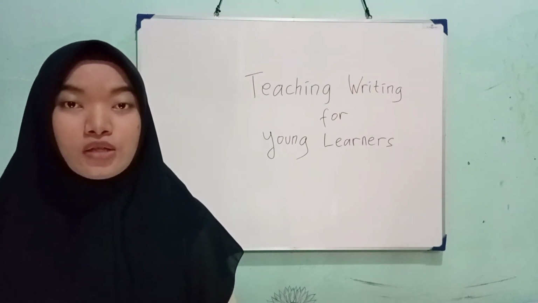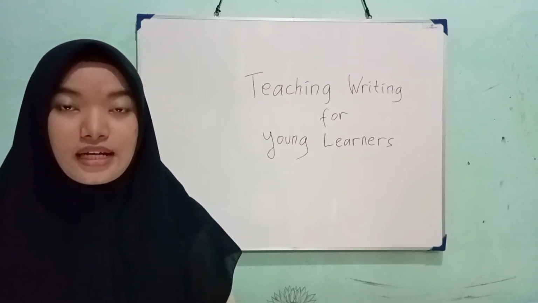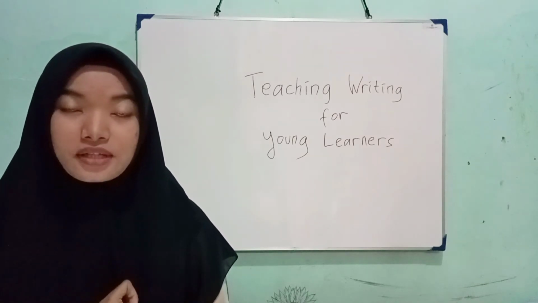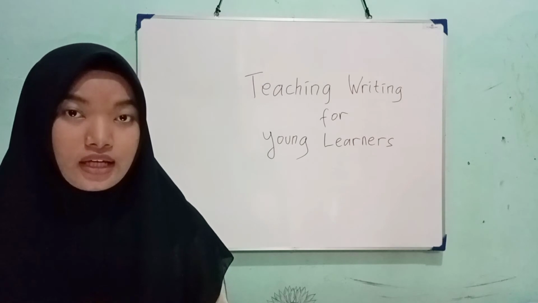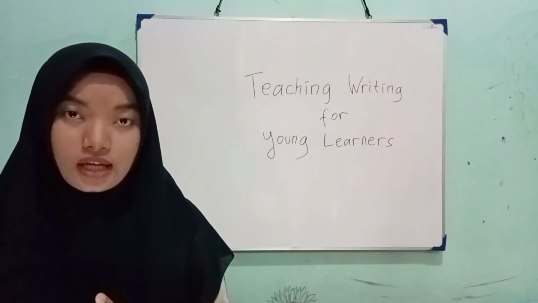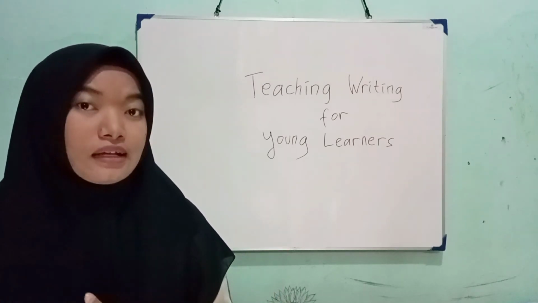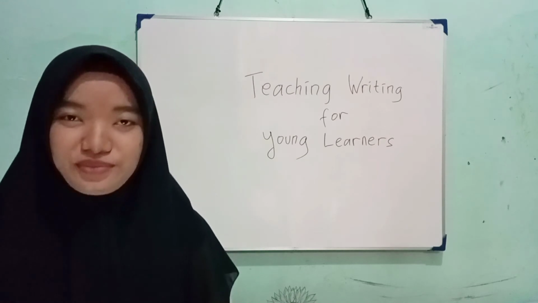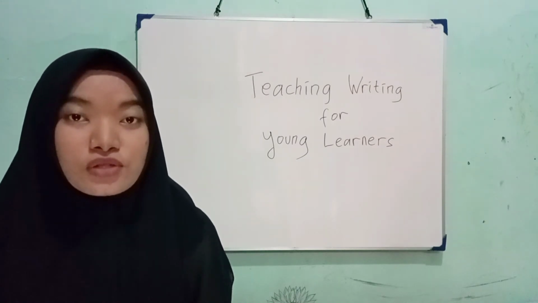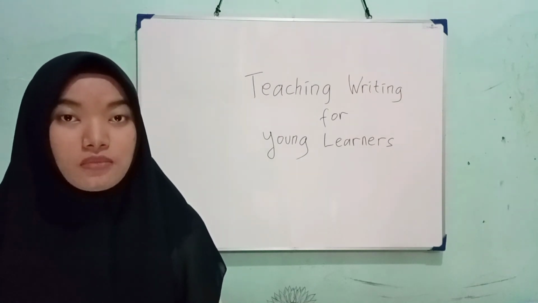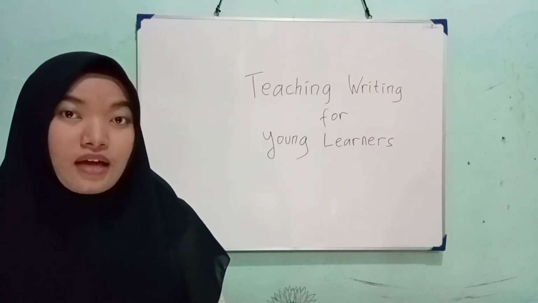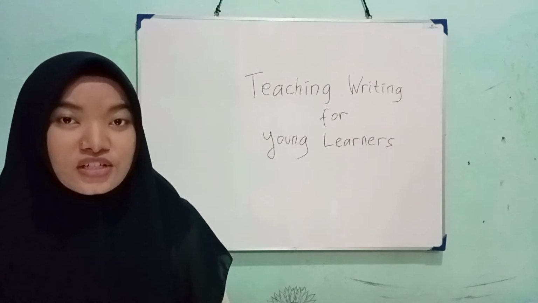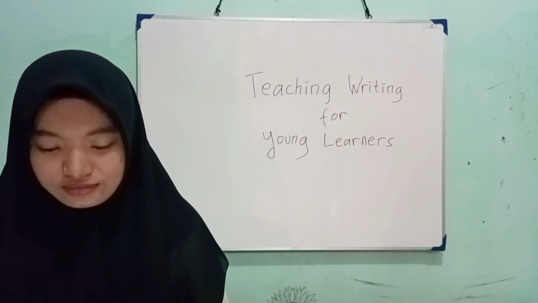Usually, we know the kinds of text such as description text, narrative text, report text, procedure text, and so many on. And then make a discussion to stimulate their knowledge about writing. And ask them everything to make the discussion alive.